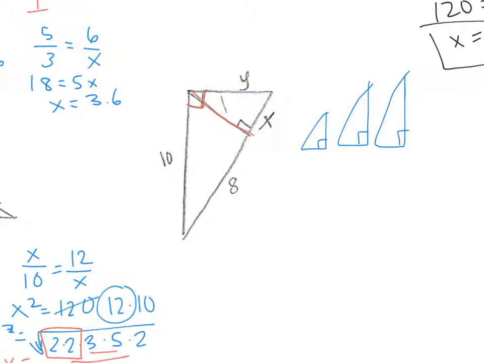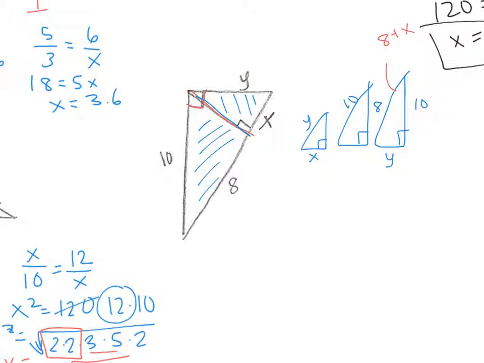So in the short triangle, I don't have the long side, so I'm going to leave that blank, but the hypotenuse is y and the short side's x. On the medium triangle, I just have the long side and the hypotenuse. And then on the big triangle, I have the short side as y and the long side is 10. And the hypotenuse has to be 8 plus x.